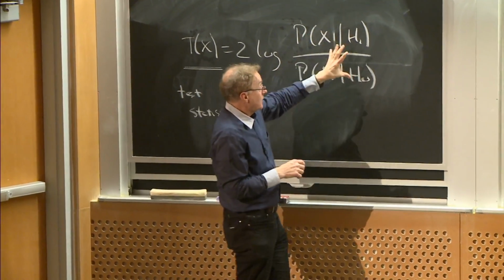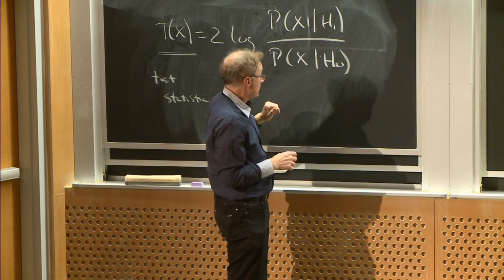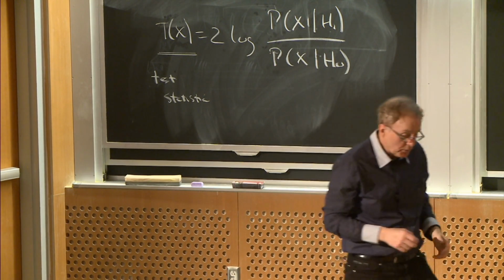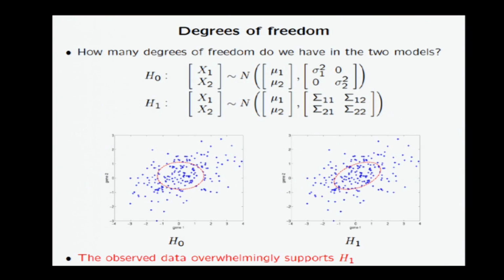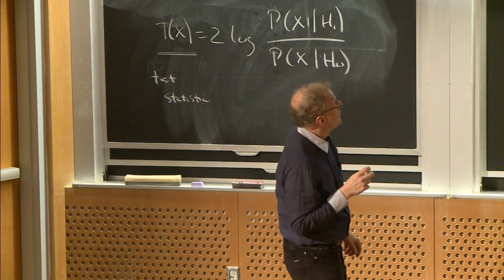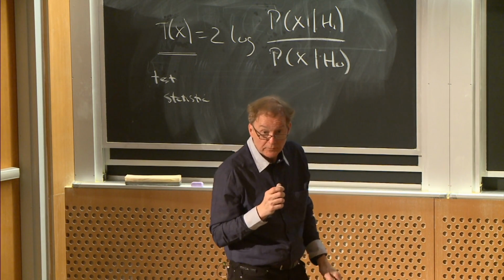So this depends upon the number of degrees of freedom difference between H1 and H0. How many degrees of freedom are there in H1, in this model up here? How many parameters do we get to pick? 6. 2 means and 4 covariances.